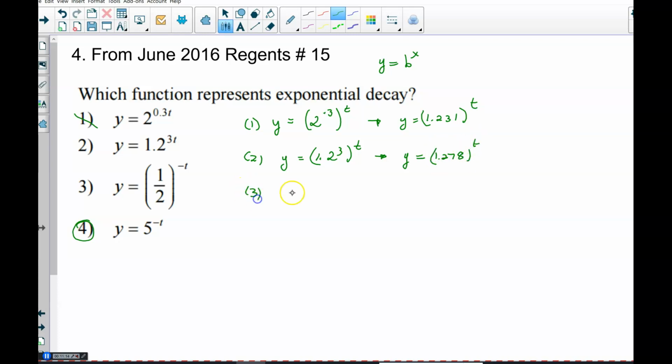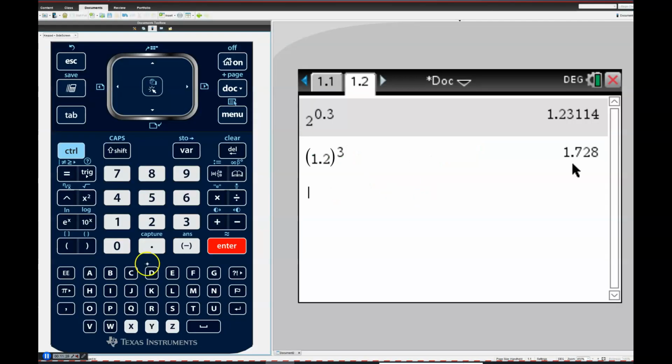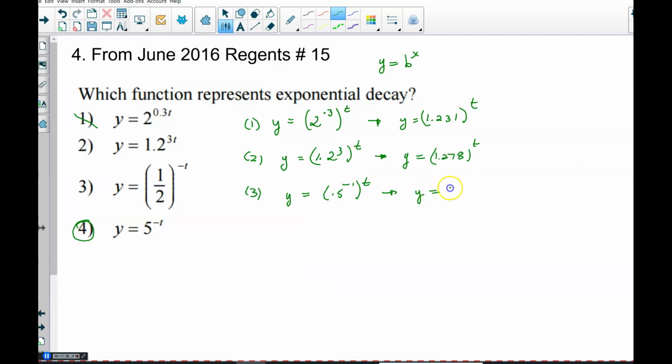Now let's do choice 3. So I'm just going to convert that to 0.5 raised to the negative 1 and bringing that negative 1 on the inside. So the function becomes 0.5 raised to the negative 1, and I get 2 raised to the power of t. And now let's do the last choice.